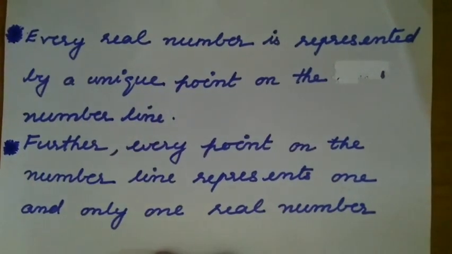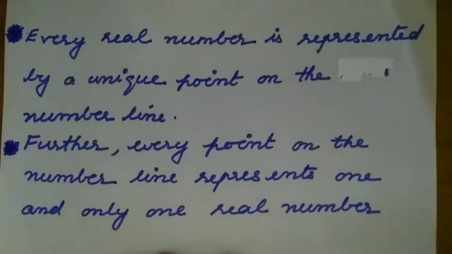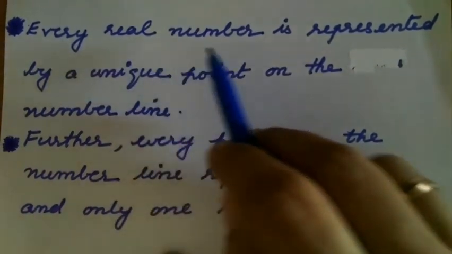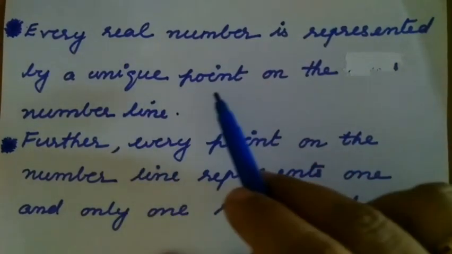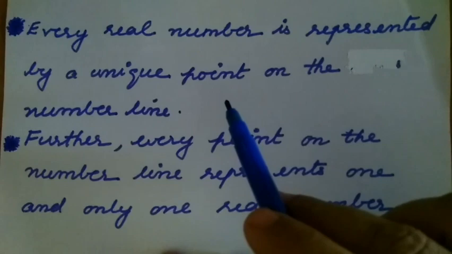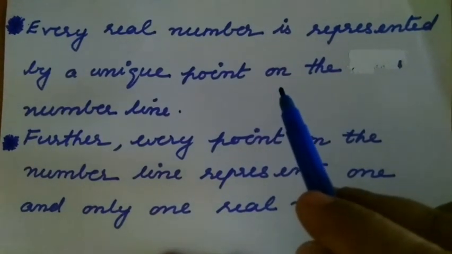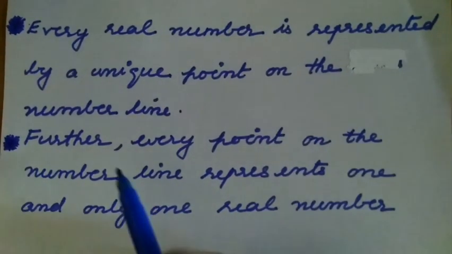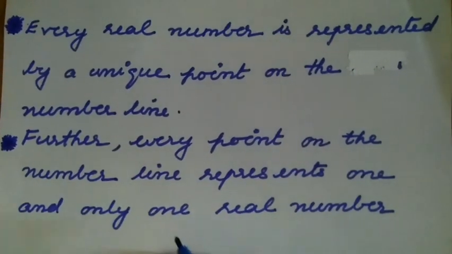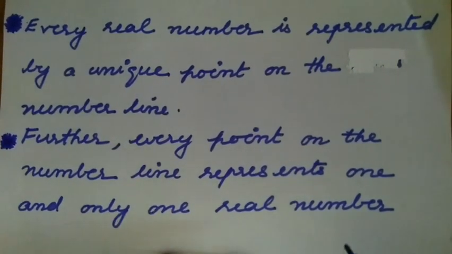From the above discussions and visualizations, we can conclude that every real number is represented by a unique point on the number line. That means any number has its own place on the real number line. Further, every point on the number line represents one and only one real number.